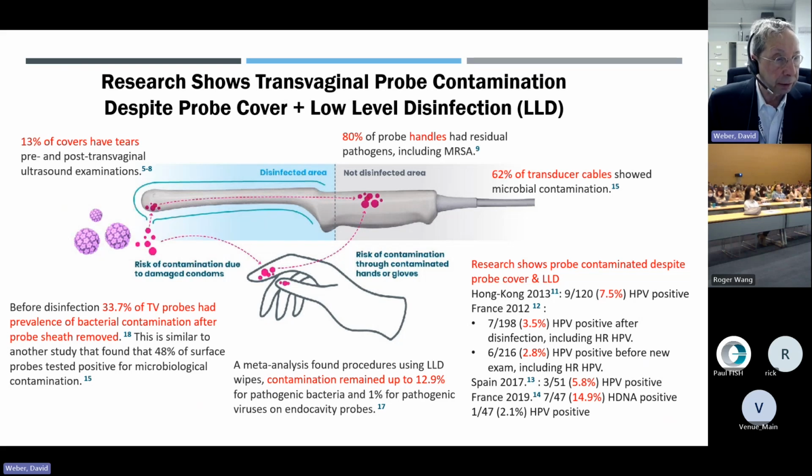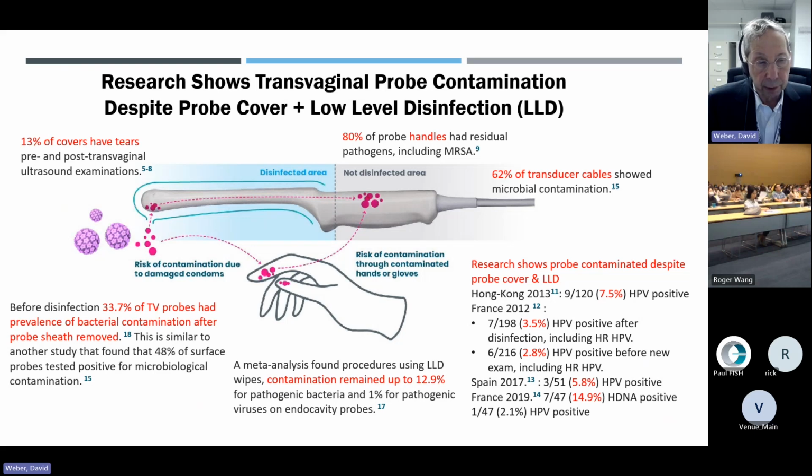Before disinfection in a study, roughly 34% of transvaginal probes had bacterial contamination after the probe sheath was removed, either through a tear or a rip in the sheath, or as you remove the sheath, you're actually spreading the bacteria or viruses that are on the outside of the probe cover to the probe itself. 80% of probe handles have residual pathogens, including MRSA. Another study showed transducer cables were contaminated.